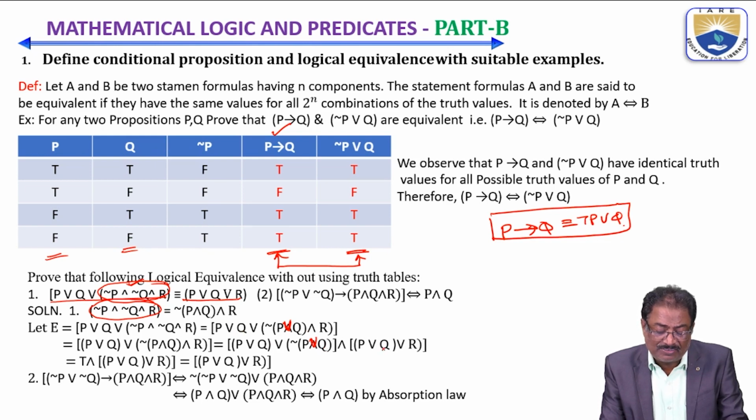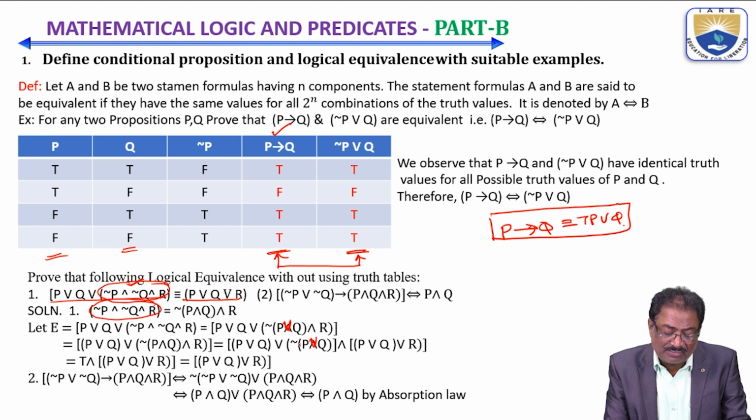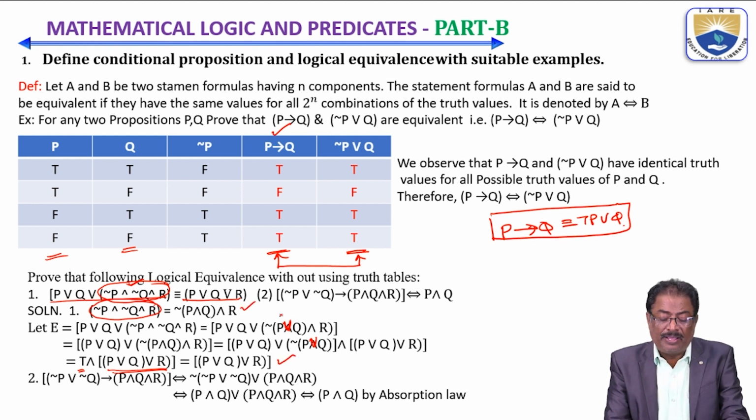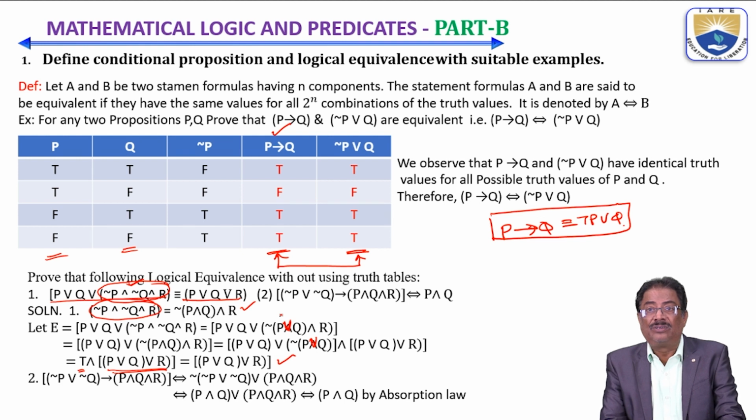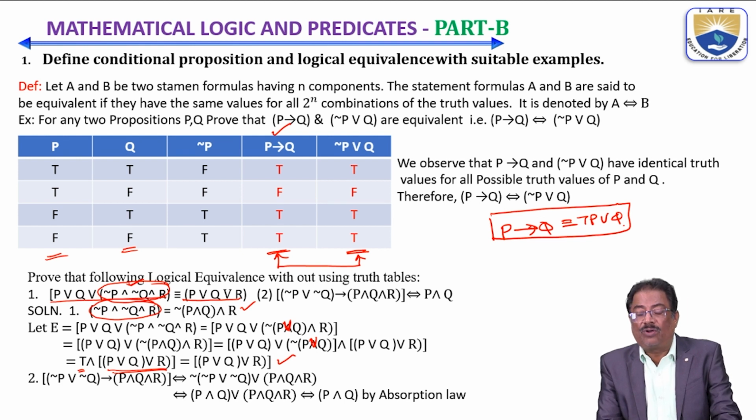So what we are going to get, this is true, and this thing we are going to get. So true and this, automatically we are going to get the same. So we have obtained the other one, the right hand side one. So we can say that both are equivalent.